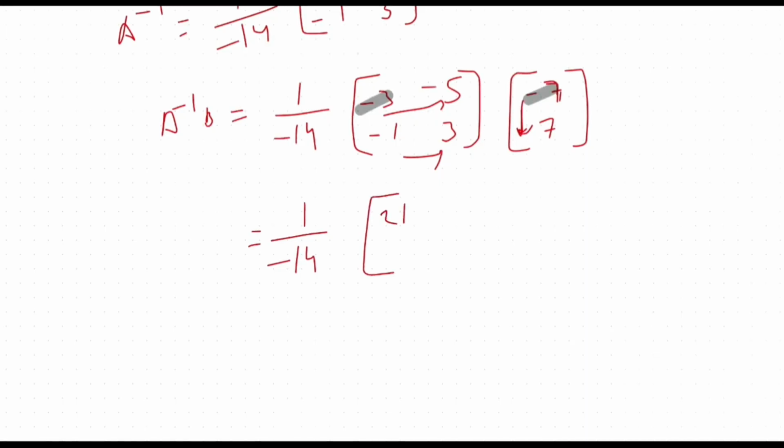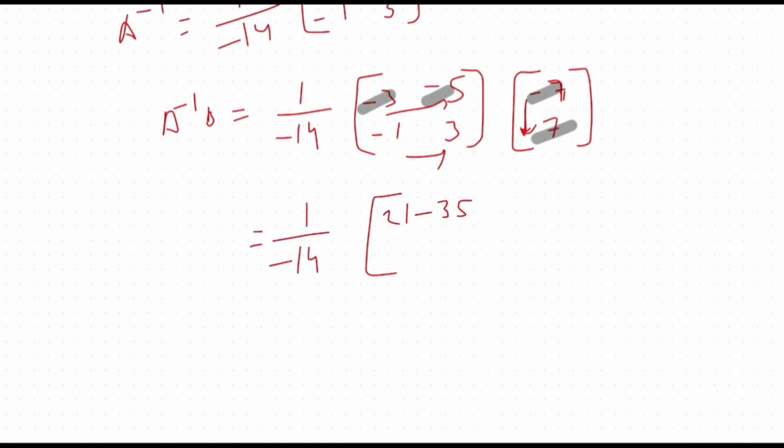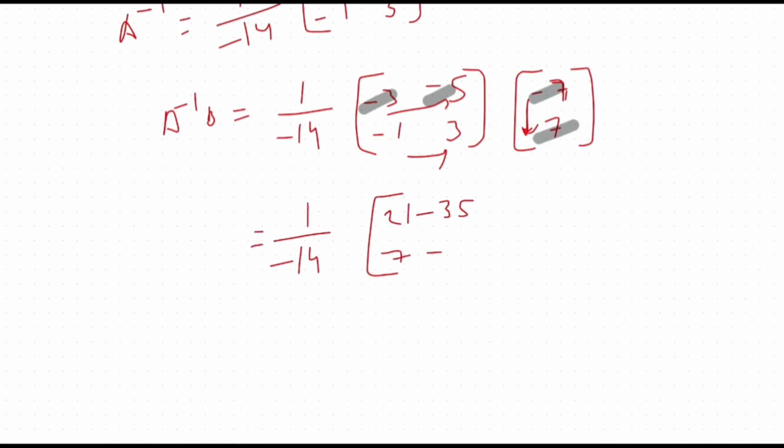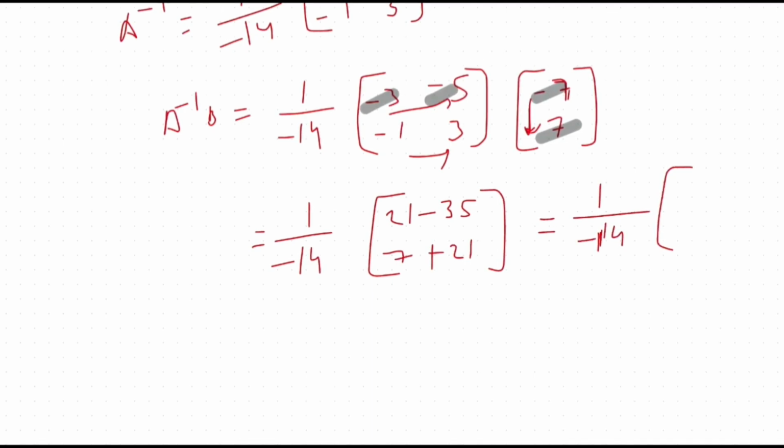And then we have negative 5 and 7, which is negative 35 because there is a negative between them. And then we have negative 1 with negative 7, which is positive 7. And then we have 3 into 7, which is 21. So now we have 1 upon negative 14 times: 21 plus negative 35 is negative 14, and 7 plus 21, which is 28, right?